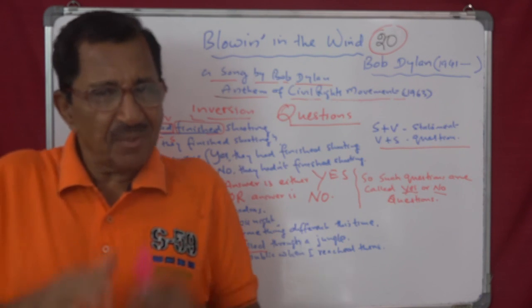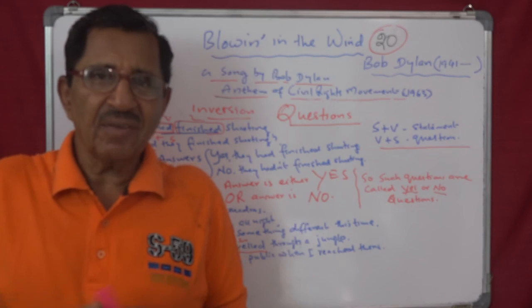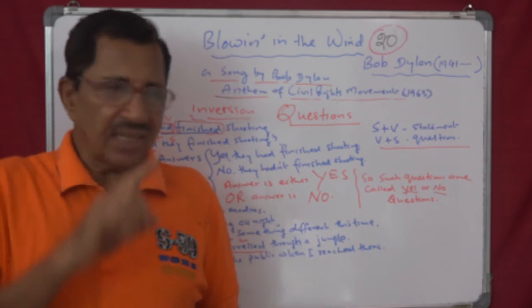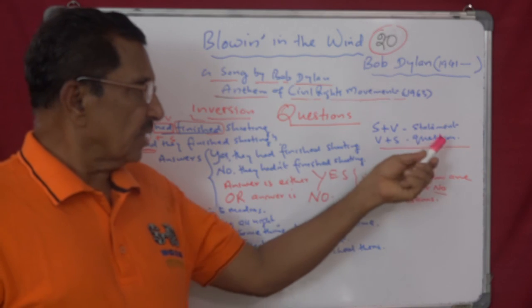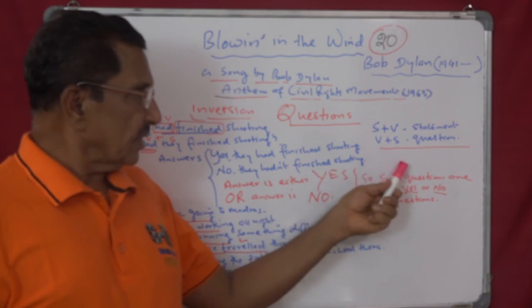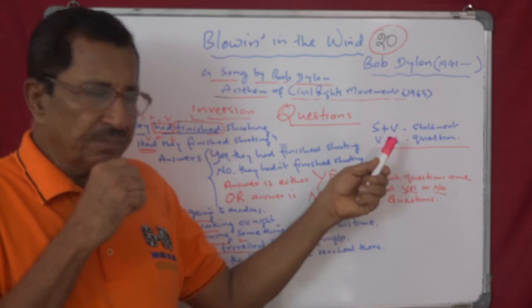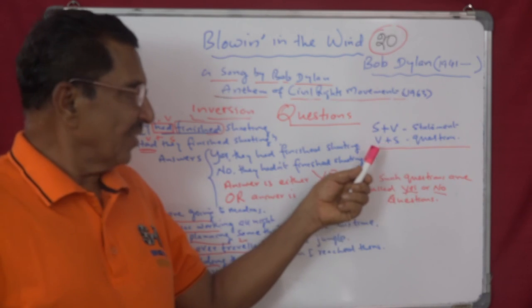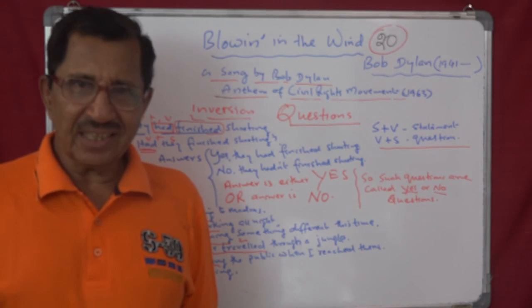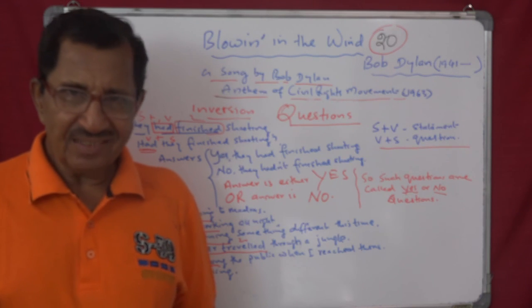I think this is the basic principle of question forming in English. That is S plus V statement, V plus S question. If you have V plus S, you can make it S plus V. I think that is clear. You are happy? Okay? Fine.